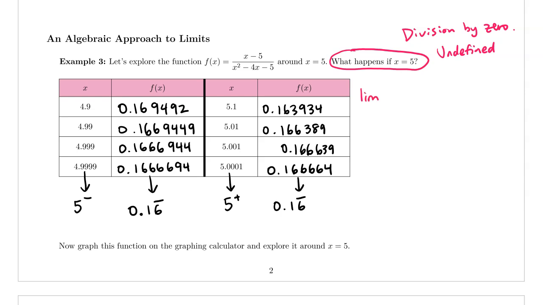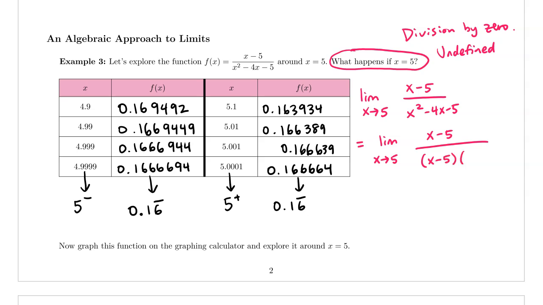So I want to take the limit as x approaches 5 of this function, x minus 5 over x squared minus 4x minus 5, and it turns out that we can factor the denominator, so this is going to be equal to the limit as x approaches 5 of x minus 5 over my denominator factors into x minus 5 times x plus 1.